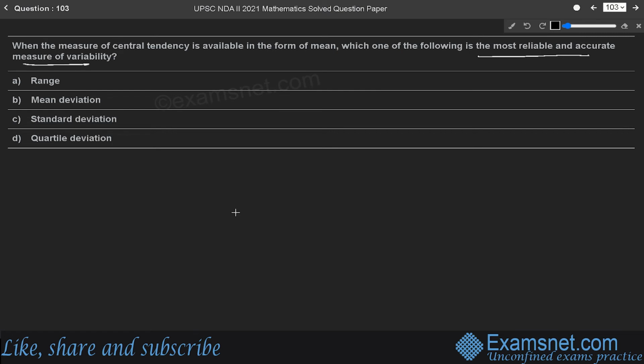First option is range. We know that range is a bad measure, so it cannot be the most reliable. The most reliable and accurate measure is standard deviation, and the rest, which are mean deviation and quartile deviation, come in the middle. So the correct option for this answer is option number C, which is standard deviation.